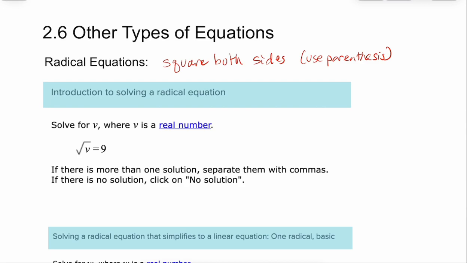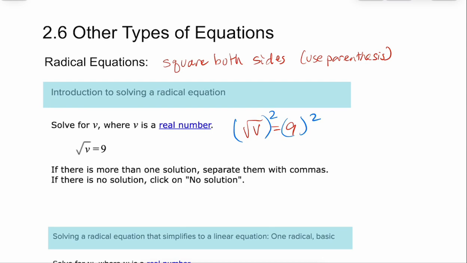So for this one, just take your equation, surround both sides in parentheses, and in this one, it's just that numerical side, and there's not much there, so it's going to just work out okay.